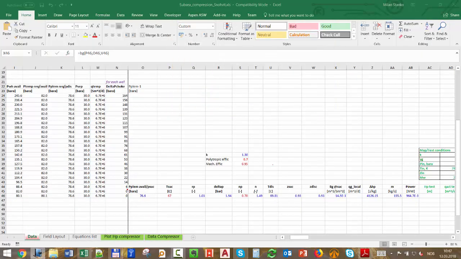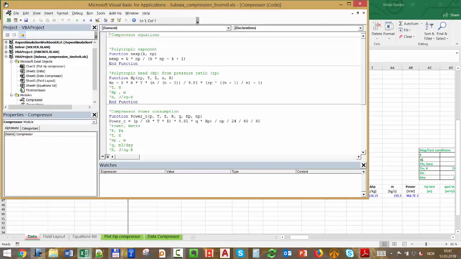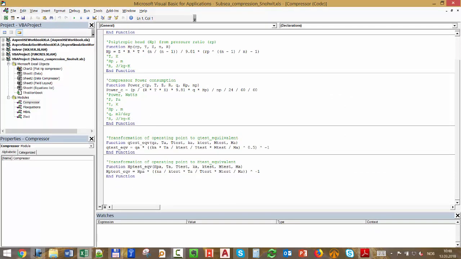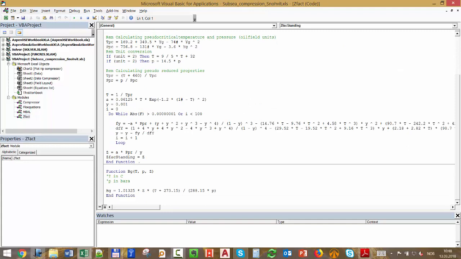Okay, so let's check the equation again just in case. Okay, so T in Celsius, P in bar, and yes, here I'm making the change inside.